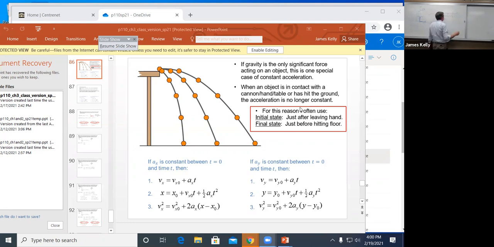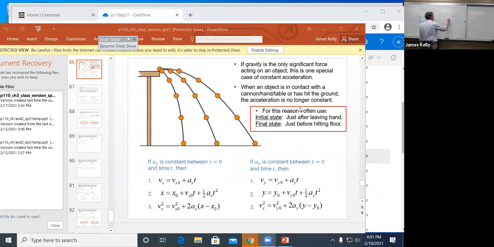I'm hoping I get a t from this one because that's what I want to solve for. What's AY in my coordinate system? Negative 9.8 because I chose plus Y up. It doesn't matter if you chose it down, you just need to be consistent. So this is minus 9.8 times t squared. Yes, technically it's a quadratic equation, but all you've got to do is square root both sides, right? So I put this over here with a minus sign, multiply by 2, divide by minus 9.8.